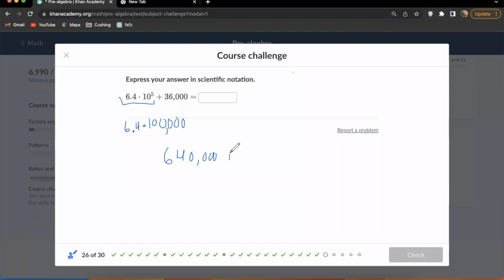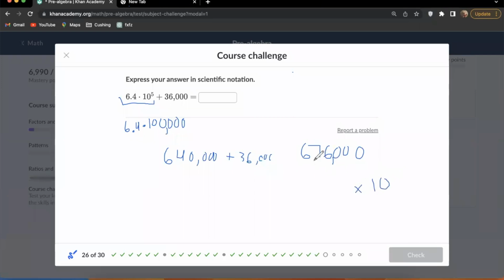And this is plus 36,000. So together, that is 676,000. If I'm going to do this in scientific notation, I'm going to multiply something times 10 to an exponent.